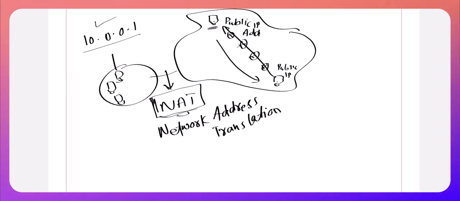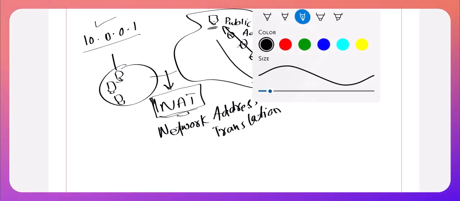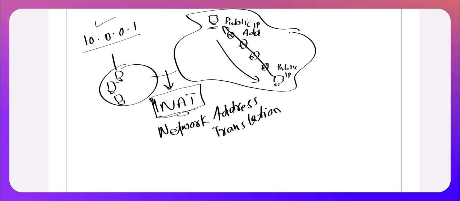Remember, this NAT has two interfaces: one interface is connected with the public, and one interface is connected with the private.